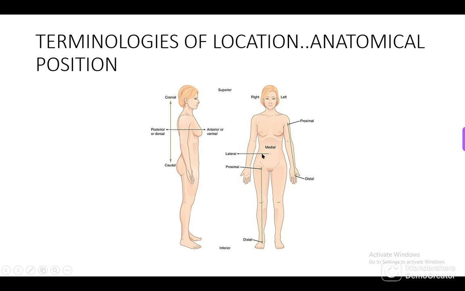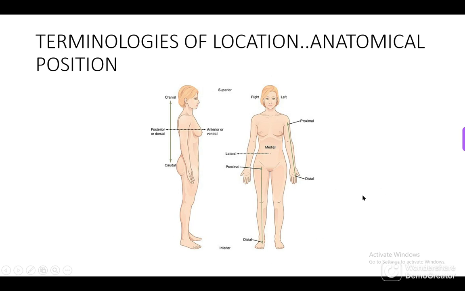If I say the liver is anterior in the right upper quadrant, it means there is some structure behind the liver also. It is palpable, that's why, and it is anteriorly positioned, while the kidneys are posteriorly positioned in relation with the other structures.